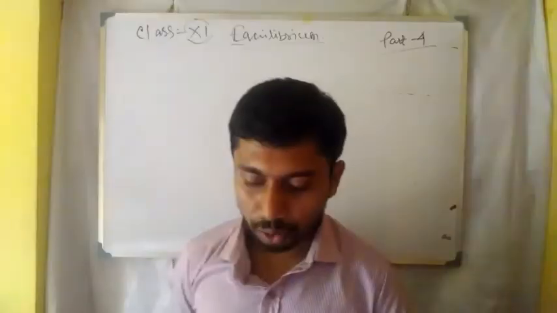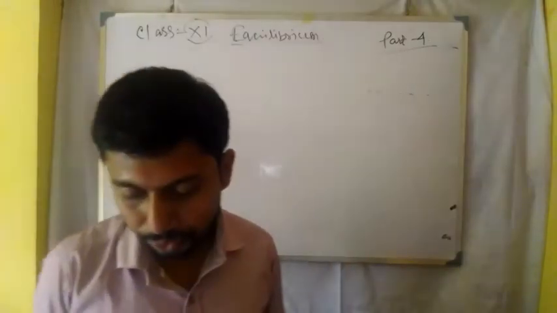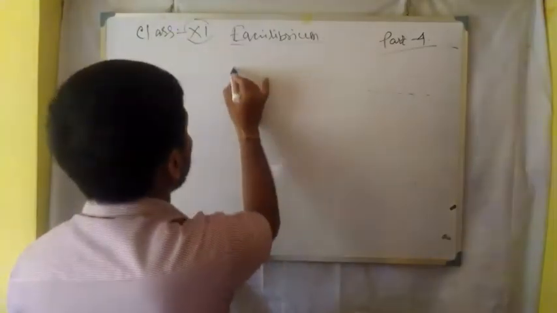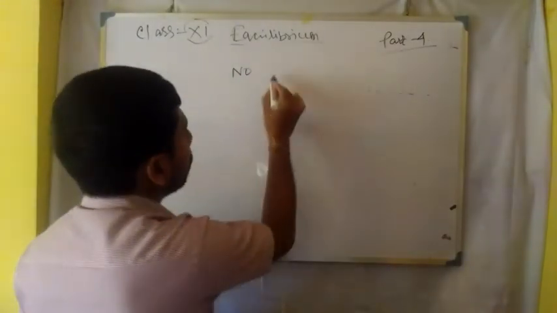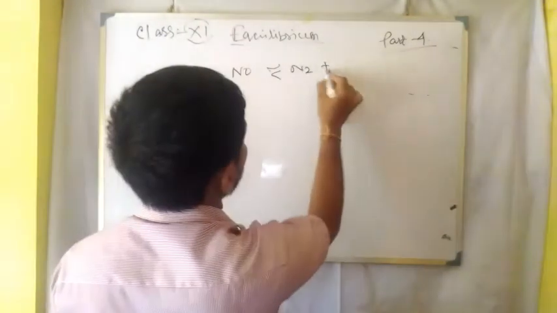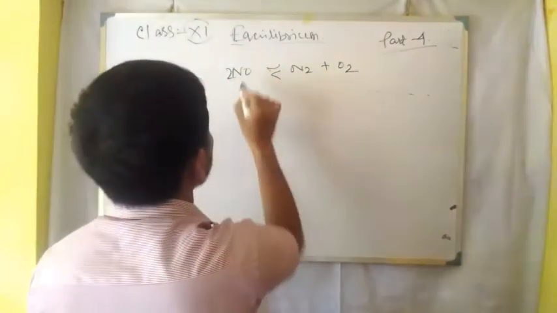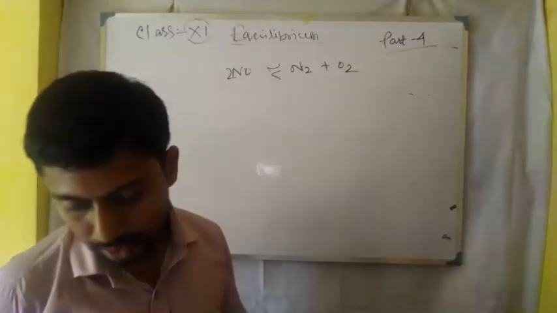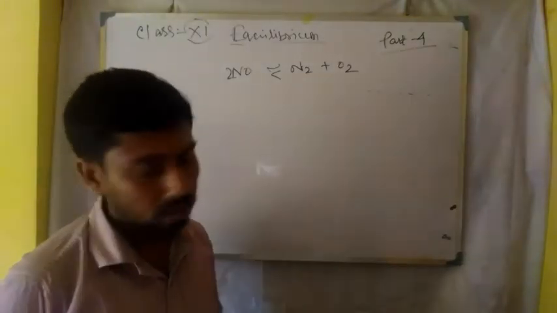What will be the value of Kc for the reaction? Very simple. The concentrations are given and we have to write down the equation: nitrogen plus oxygen gives 2NO.